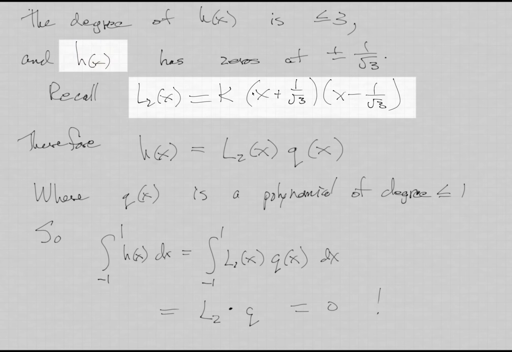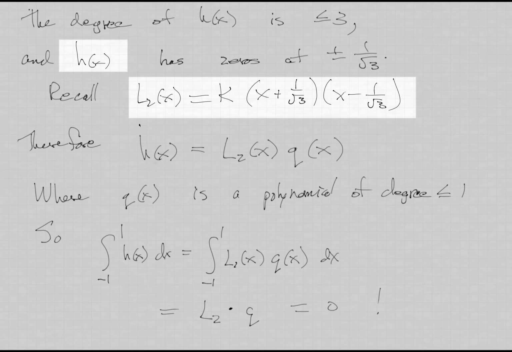So these two factors, x plus 1 over radical 3 and x minus 1 over radical 3, are going to be factors of h. And remember, k is just a real number. So h may have one extra monomial factor, may have one extra root, or may have no extra roots, depending on whether the degree is 2 or 3.